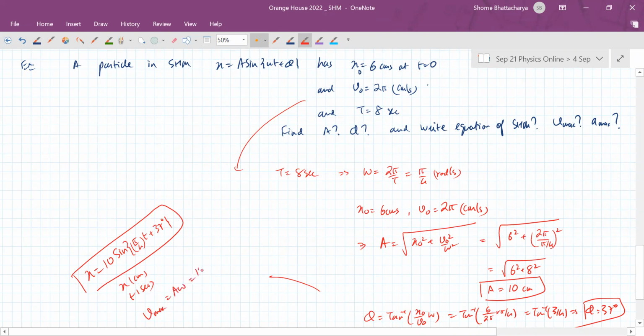So 10 into pi by 4 or 5 pi by 2 centimeters per second, and maximum acceleration is A omega square. So 10 centimeters into pi by 4 whole square.